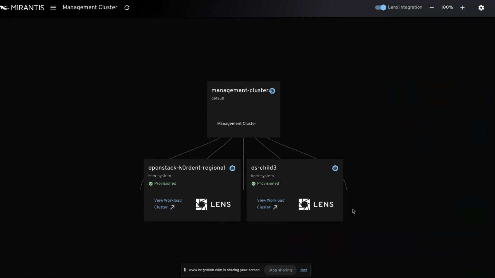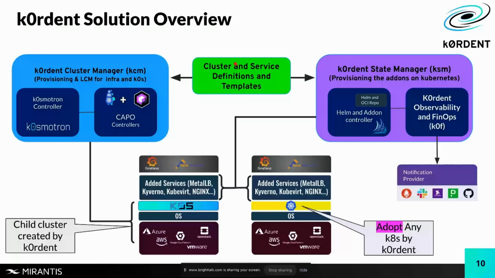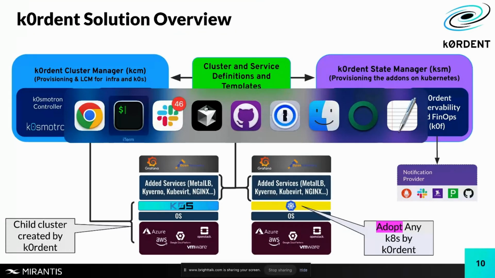So now suppose that I would like to create another child cluster. As I explained here, basically all we need is to define a cluster, right? We already have specific cluster templates that are defined. Let me show you what they look like.